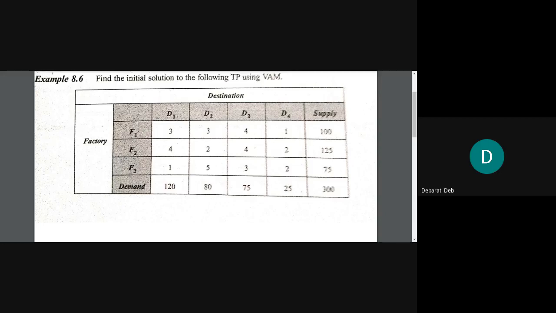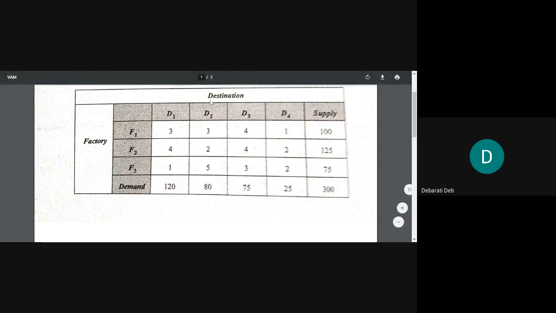Under D1, D2, D3, D4, corresponding to F1, you will write 3, 3, 4, 1. Under supply it is 100. Then corresponding to F2, under D1, D2, D3, D4, you will write 4, 2, 4, 2. And corresponding to F3, you will write 1, 5, 3 and 2.